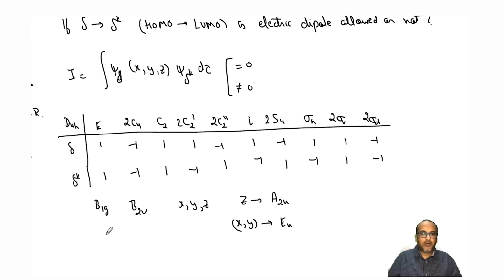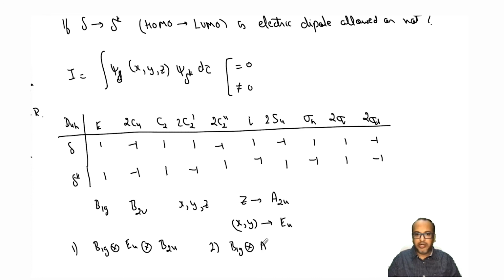Now the problem is simplified to finding the direct product between B1g, Eu and B2u, that is one for X and Y, and for Z you have to do B1g, A2u and B2u.